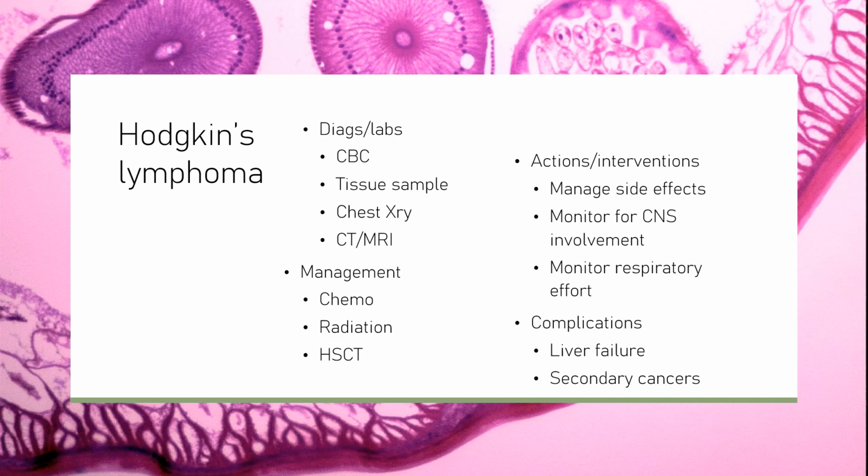And the complications of Hodgkin's lymphoma are liver failure and development of secondary cancers. So the treatments that we use for Hodgkin's lymphoma, the chemos, they can frequently cause other sorts of cancers to happen, and vice versa.